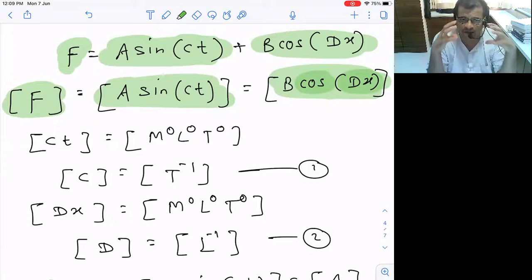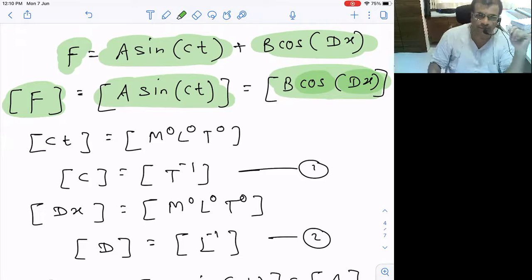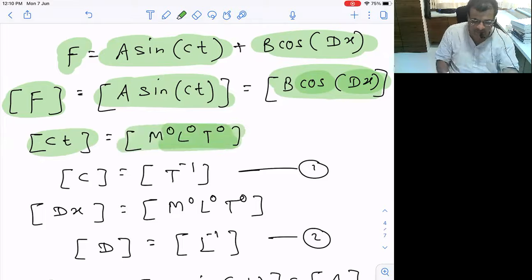And we know that the angle is always defined as the length of the arc divided by the radius. So it is length divided by length, and therefore the angle, being a pure ratio, is dimensionless. So this ct will have no dimensions, meaning M0, L0, T0.